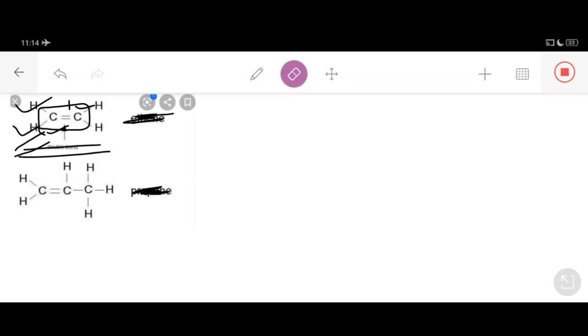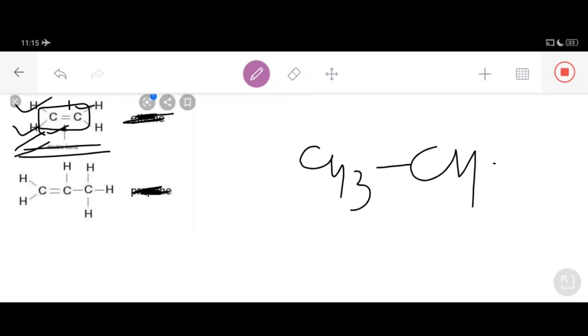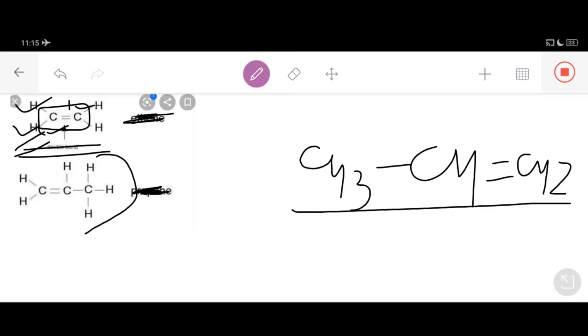Now, second example. We have another compound, that is CH3, single bond CH, double bond CH2. Look, dear students, this is CH3, this is CH3.